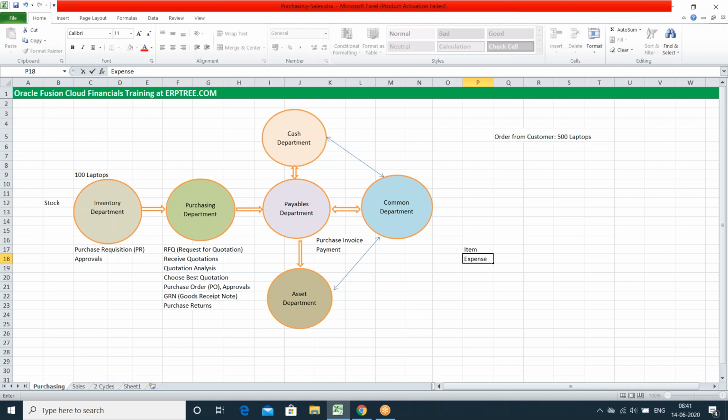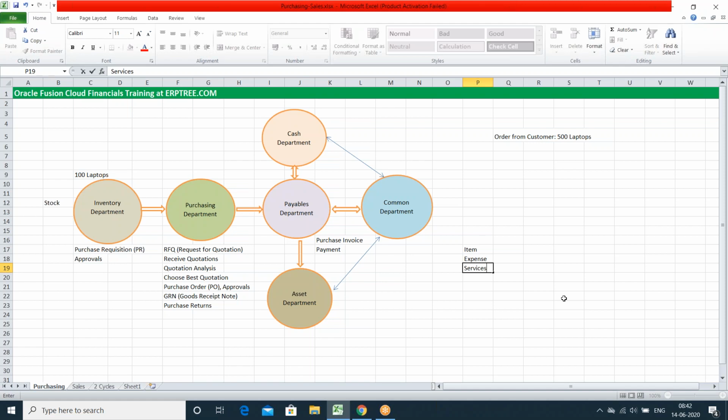If the organization is spending some expense, the payables department should pay the suppliers for it. Or else the purchase invoice may be related to services. Our organization has taken some services from some vendor, and in that case also the payables department has to make the payment.